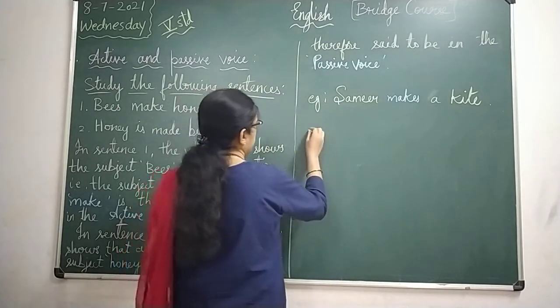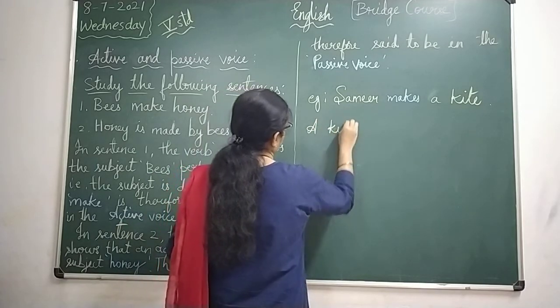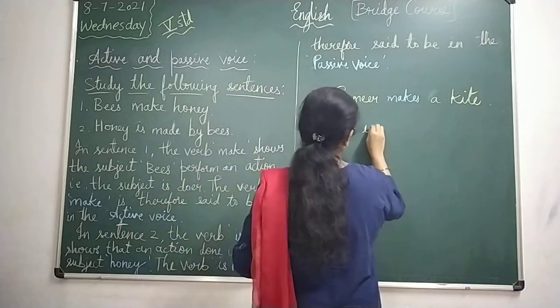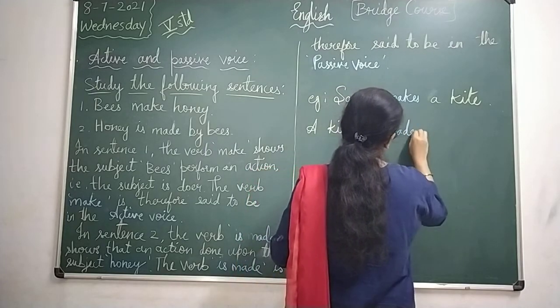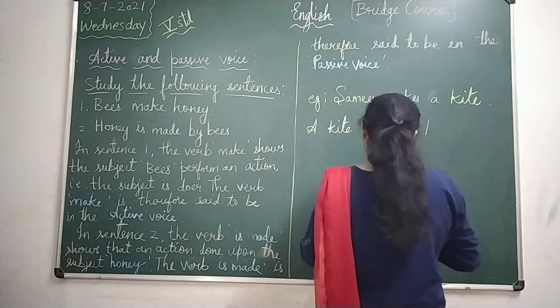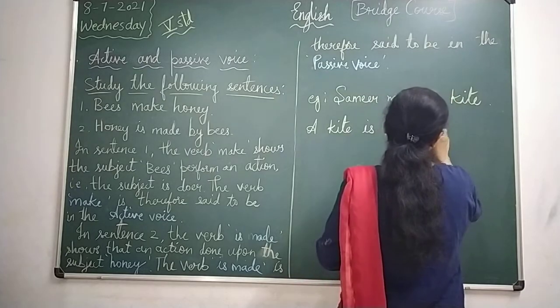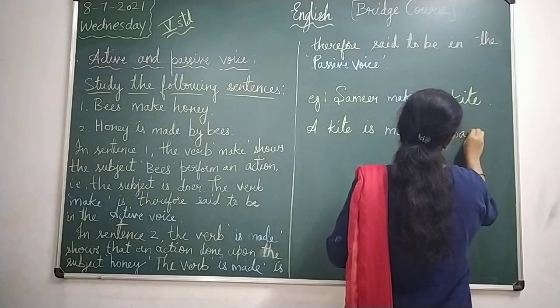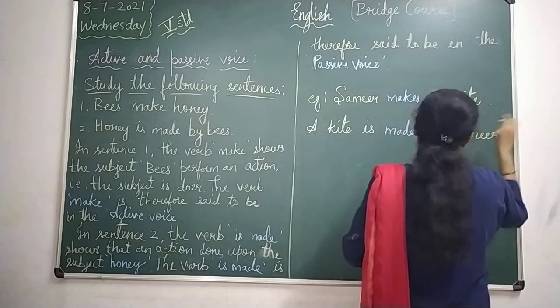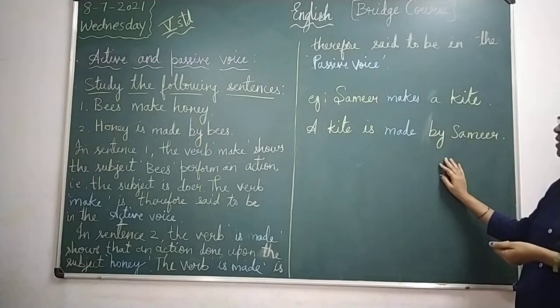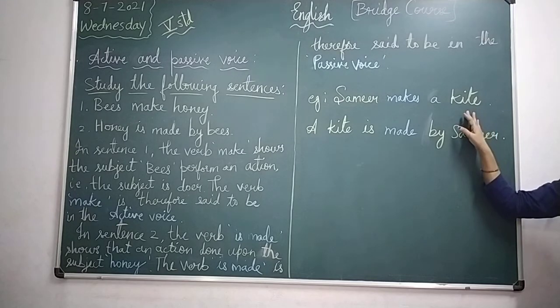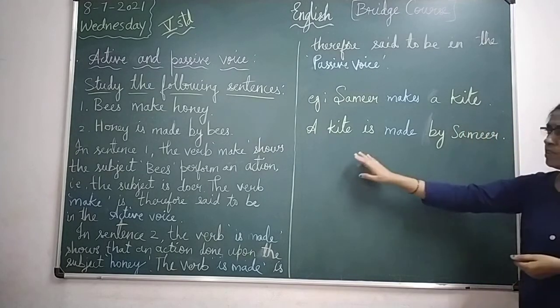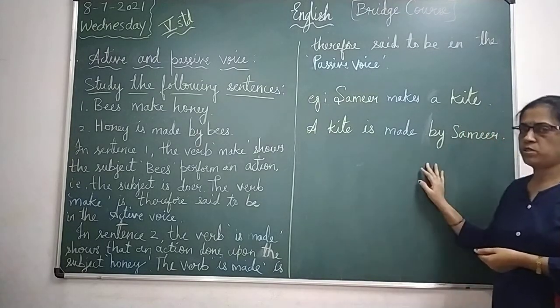So that is: a kite is made by Samir. Like this we can change from active to passive voice. The object of the verb in the active voice becomes the subject in the passive voice.